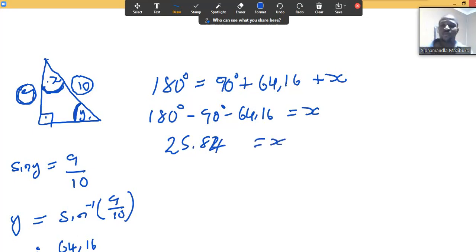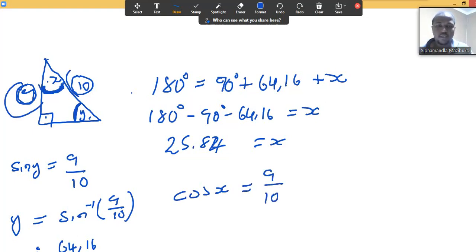Okay, suppose we're trying to use another method. Let's say we were finding angle x, because now we know this is angle x. Suppose we tried to use angle x with cos. If you had angle x here, this is your adjacent and this is your hypotenuse, so we can use cos. Let's try that. So cos x is 9 over 10, and then we have x is equal to cos inverse of 9 over 10.